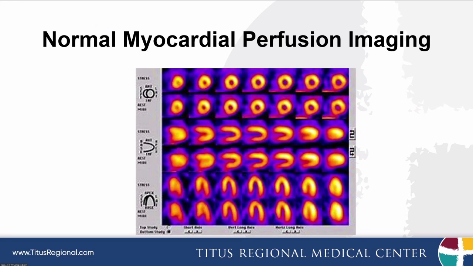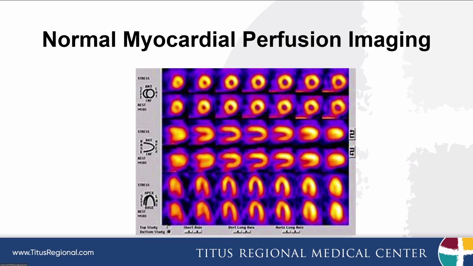So you can see here a normal set of images from a myocardial perfusion scan. To describe this to you, on the top two lines is what we see in the parasternal short axis view. And this would be what you would think of if you laid the heart out on a table and sliced it from the tip to the top of the heart like a loaf of bread.